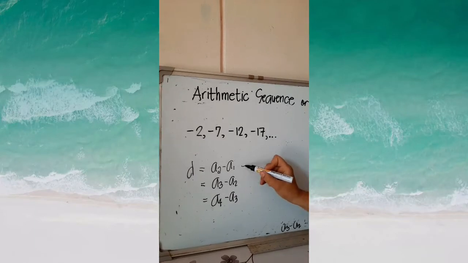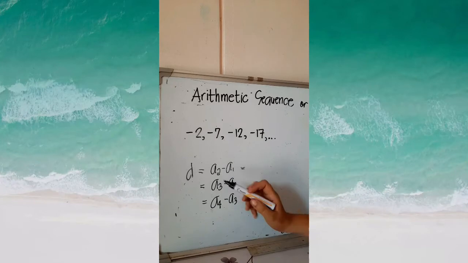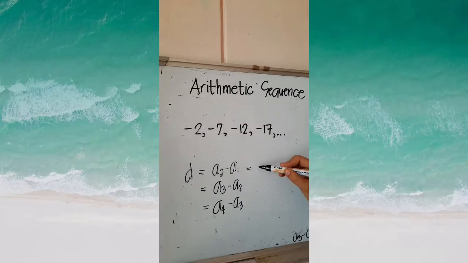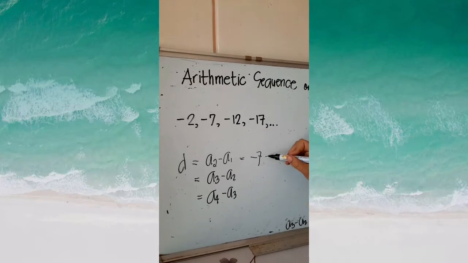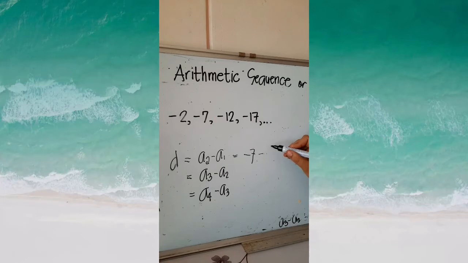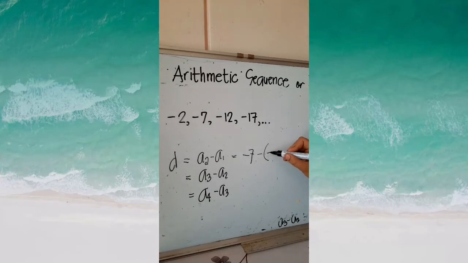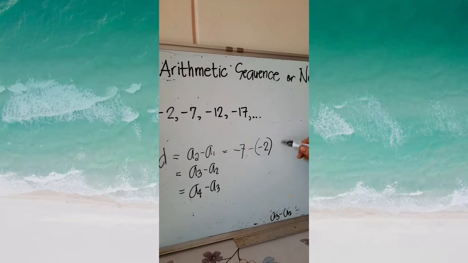So we'll try to answer it. Second term minus first term. Our second term is -7, minus our first term, -2. Since there are two negatives, we'll put parentheses. So -7 minus (-2) equals.